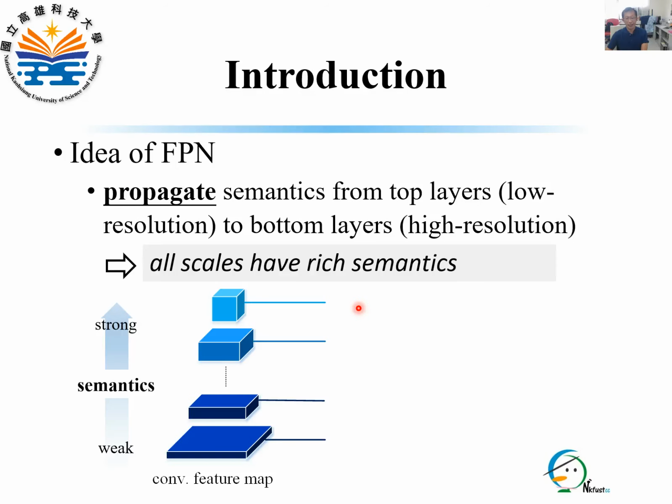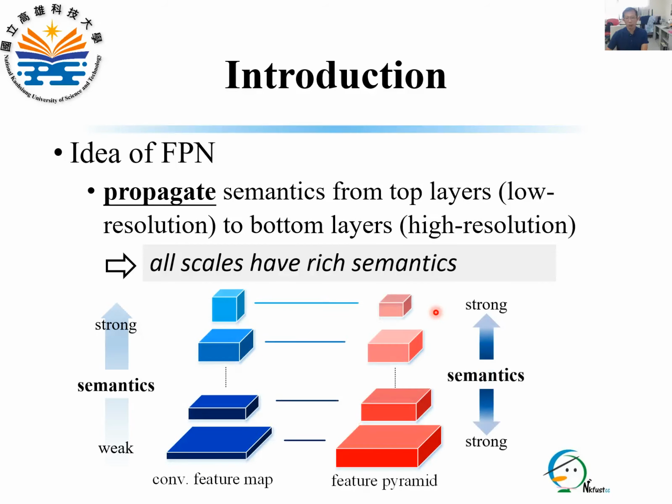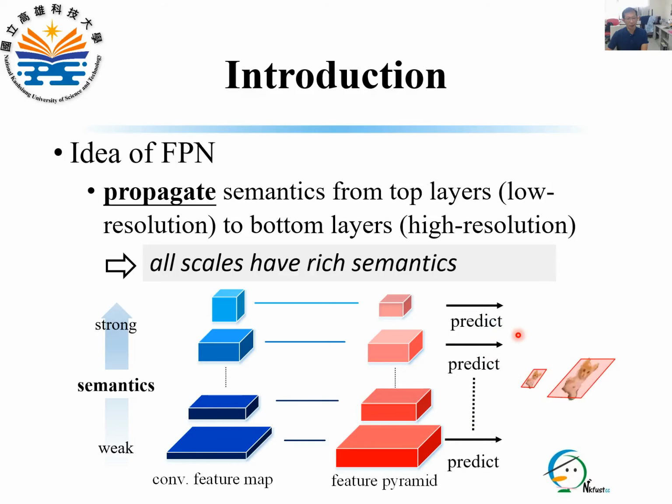Accordingly, the main idea of FPN is to propagate semantics from the top layers to bottom layers, so as to produce a feature pyramid. The layers in the resulting feature pyramid are all with rich semantics and can be used for object detection.